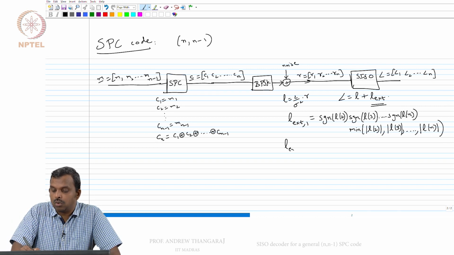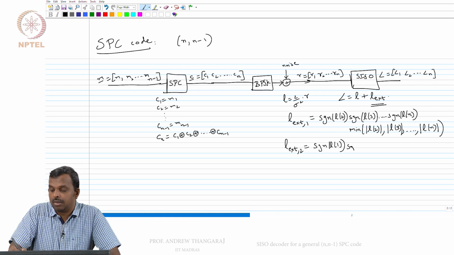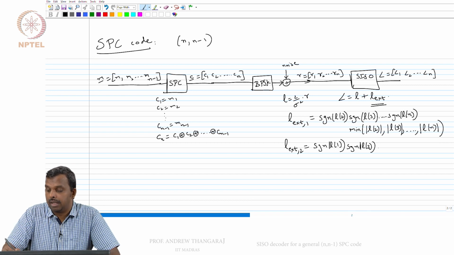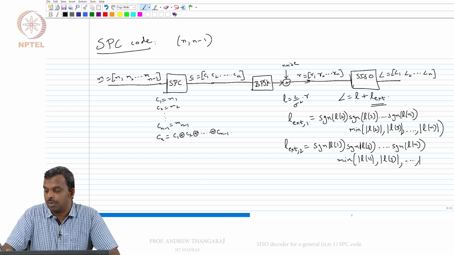So, what is Lext 2? It does not vary too much from this. You take sign of L of 1, sign of L of 3, you drop L of 2, and then it goes all the way till the end, and the absolute value is the min of absolute value of L of 1, absolute value of L of 3, so on till absolute value of L of n.